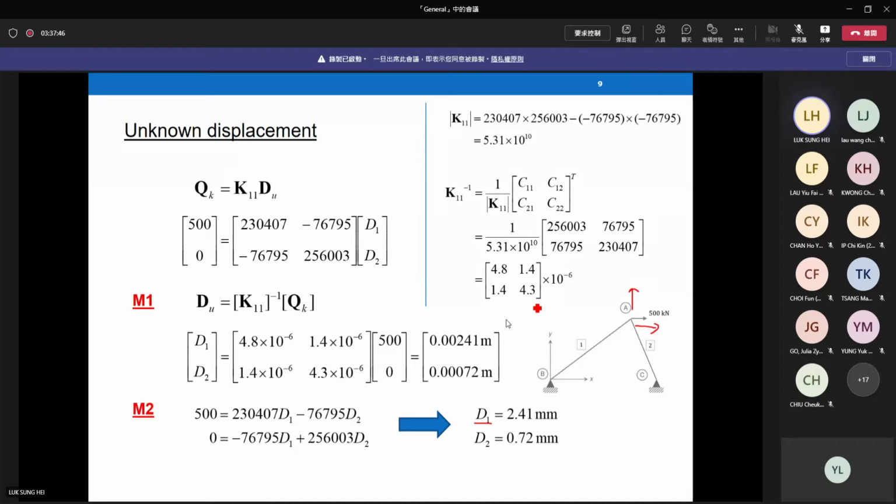The horizontal movement is bigger, 2.41 millimeters. It seems consistent with the applied force. Okay, in this direction, appropriate. You can also use Gaussian elimination or other methods to solve the problems, up to you.